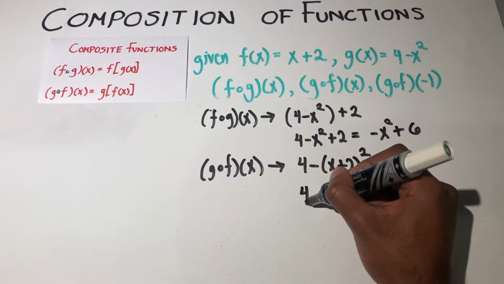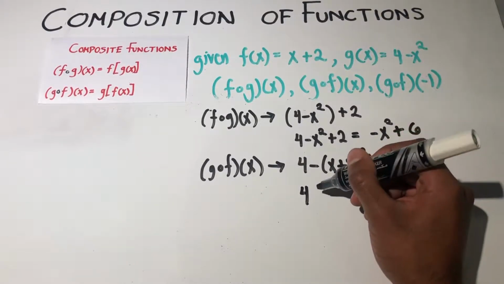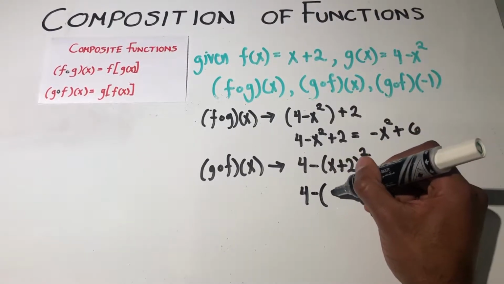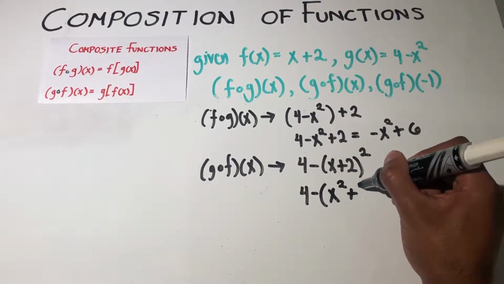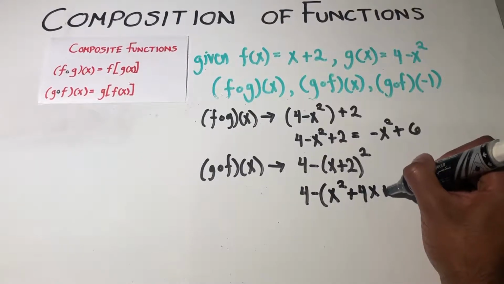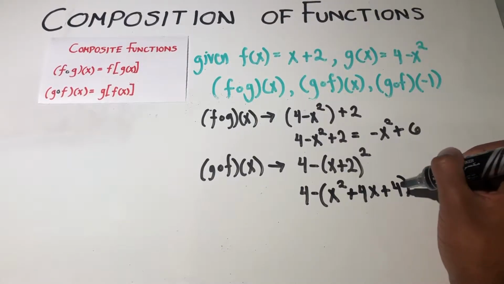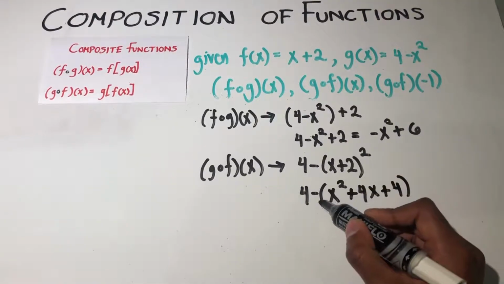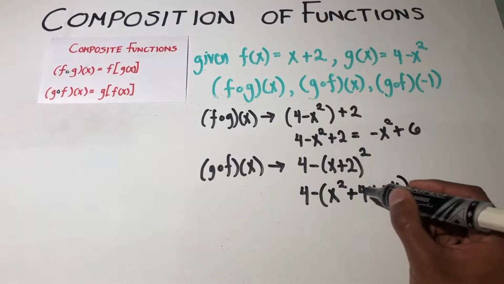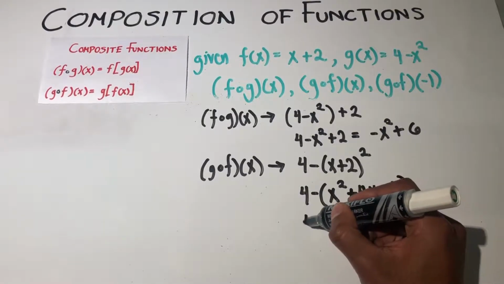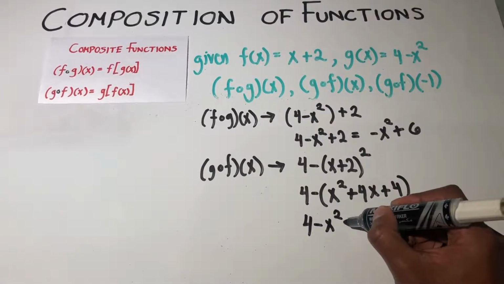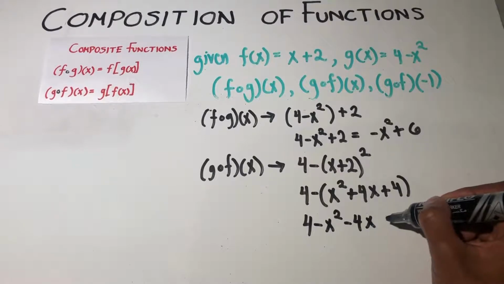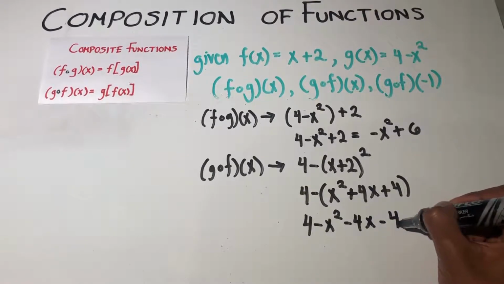We have 4, and we can expand what's in the parentheses. That's going to give us x squared plus 4x plus 4. Then we can go ahead and distribute the negative sign over all the terms within the parentheses. That's going to yield 4 minus x squared minus 4x minus 4.